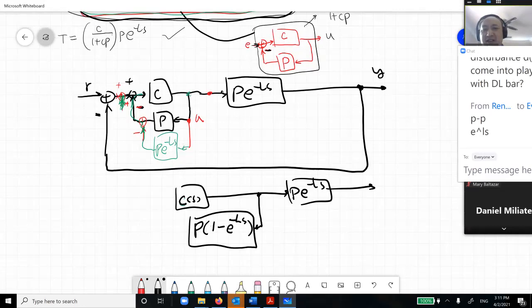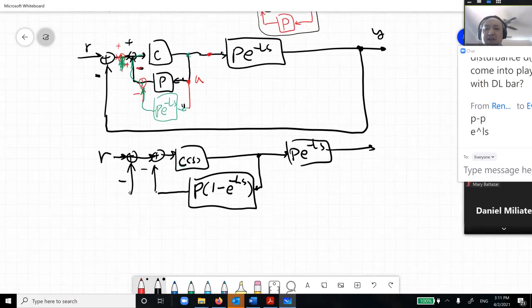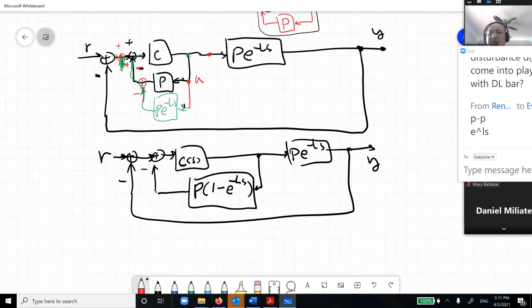Because this adds to this one, this is minus to this one, then times P. Then you put this one as minus in here. This is your reference. So this is something from here. Usually people call this a block diagram. So this is minus, this is positive. They say this thing together is called Smith predictor control. Okay.